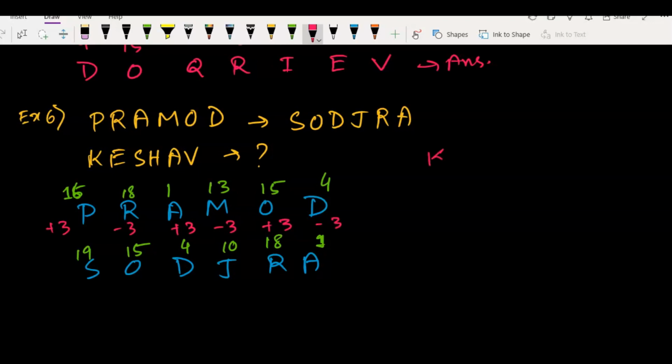So apply this in this word, KESHAV. So we have 11, then 5, 19, 8, 1 and 22, and apply this plus 3, minus 3, plus 3, minus 3, plus 3. 11 plus 3 is 14, minus 3 means 2, here plus 3, 22.